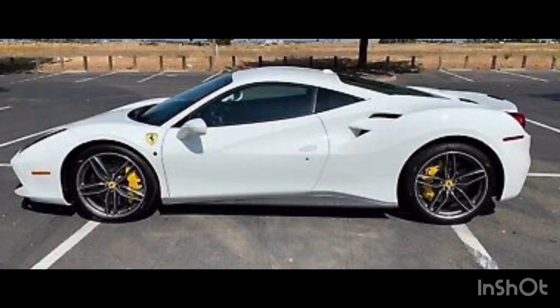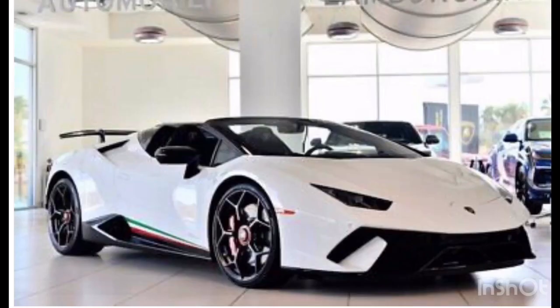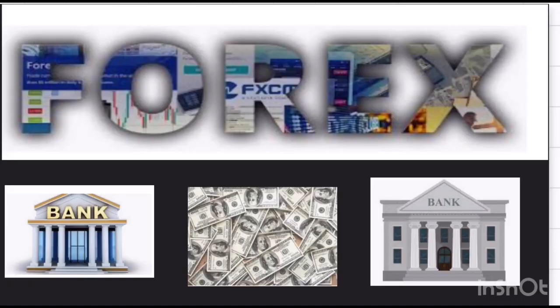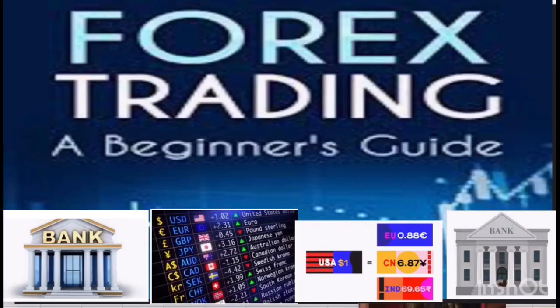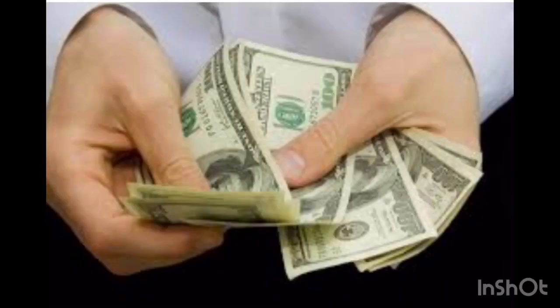But if you put in a buy order at 1.0878 and this exchange rate goes to 1.0978, then you make the difference. You make the profit of essentially 1 cent, but we are trading based on huge amounts of size in the Forex market and with leverage, which we're going to discuss later on. Right now, what you need to understand after the question of what is Forex is what is a currency pair. And that's what we're going to break into right now.